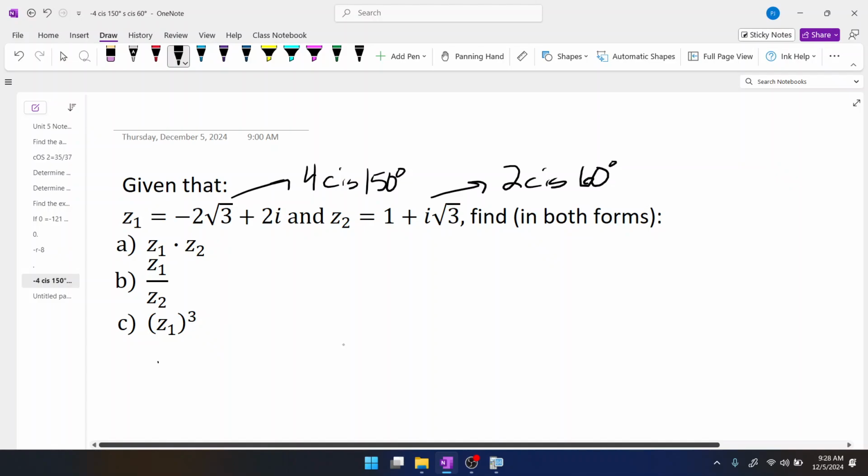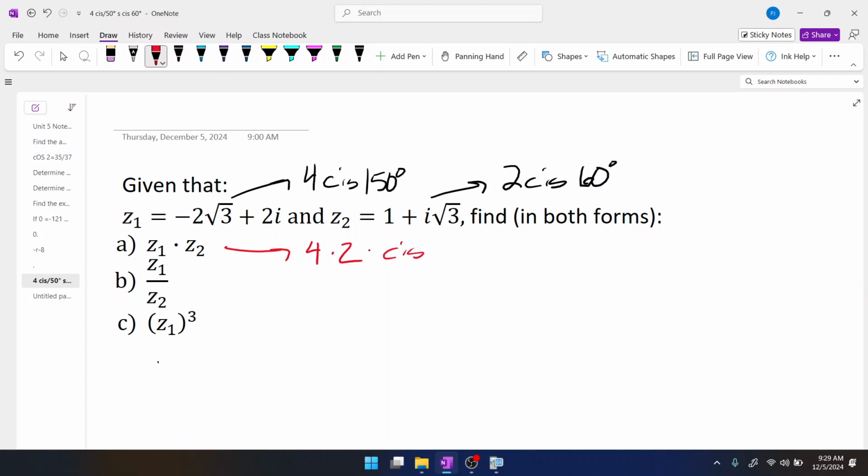So in order for us to figure out Z1 times Z2, you would just do 4 times 2 times cis 150 plus 60, in degrees. So that's 8 cis 210 degrees. Now 210 degrees does put us into the third quadrant, so both of these are going to end up being negative here.